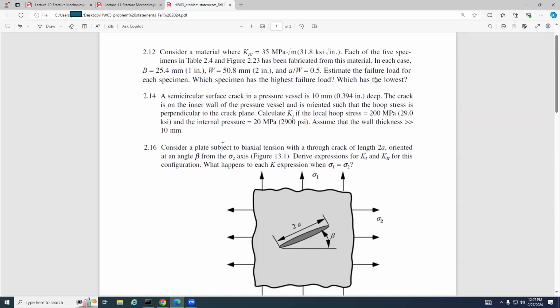This is P critical, which equals K_IC times B times the square root of W, divided by f(A/W). You can use this equation to calculate the P critical. We call P critical the failure load.